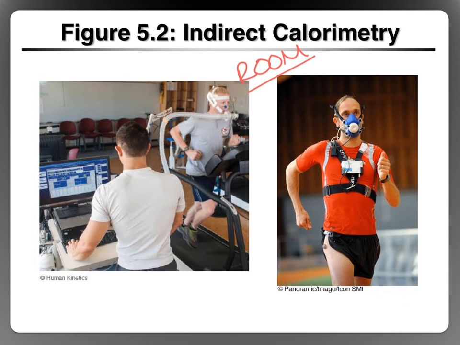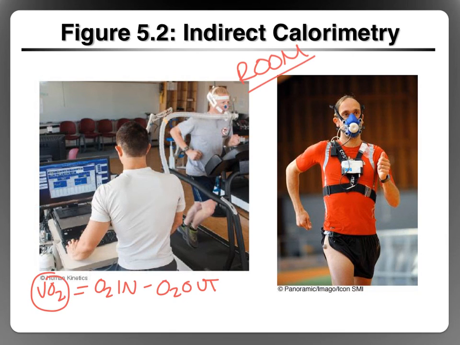And we won't go into any detail really about how we calculate that, but in very basic terms, what we're getting from this is we want to know how much oxygen you took in, subtract the oxygen you breathed out, and that's going to tell us how much oxygen you used.